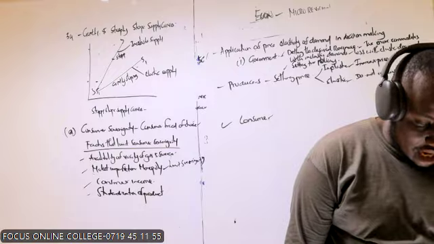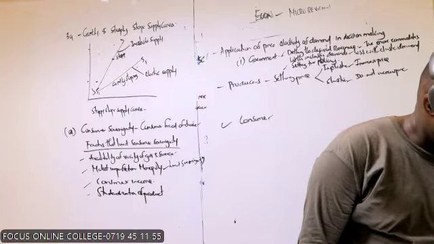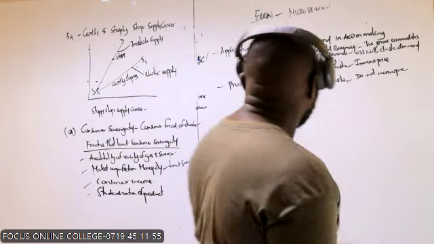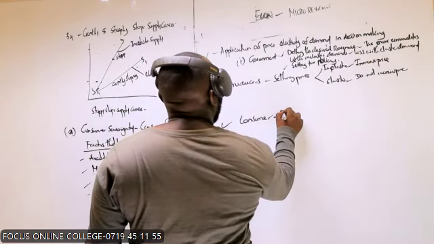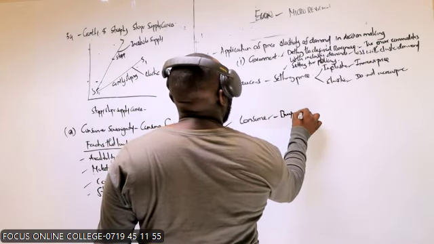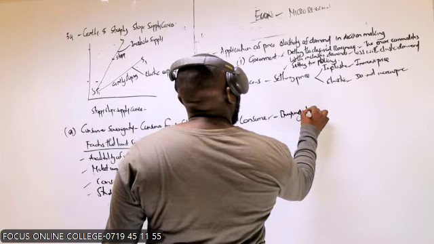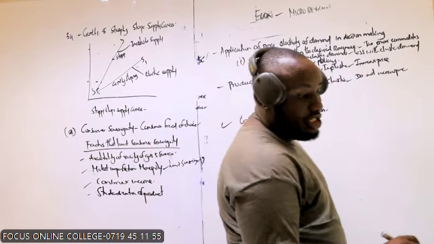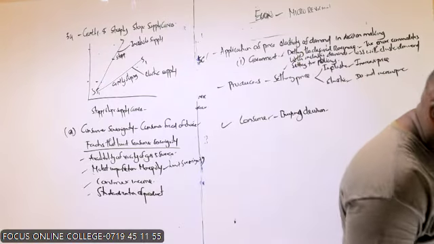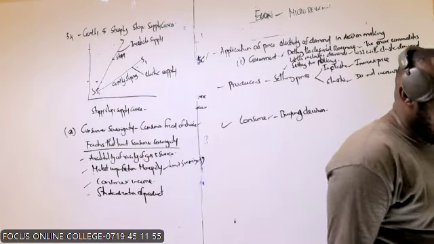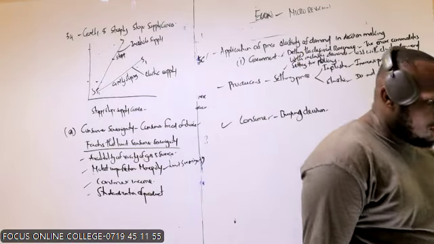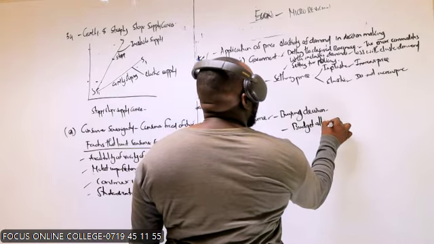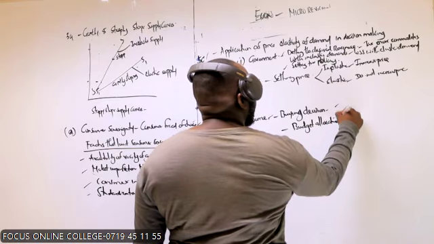In buying decisions. Under buying decisions, you have purchasing power and budget allocation. Two things: buying decisions and budget allocation.